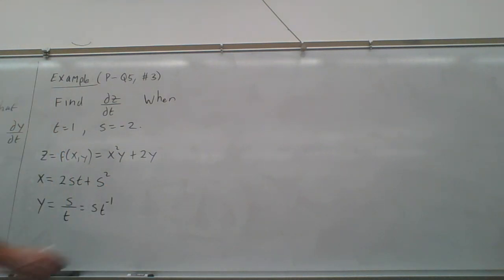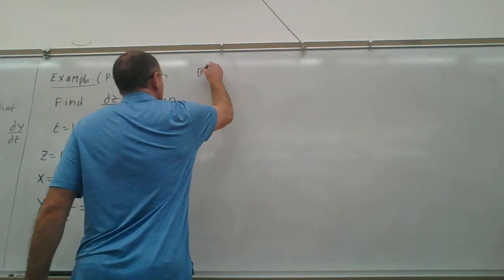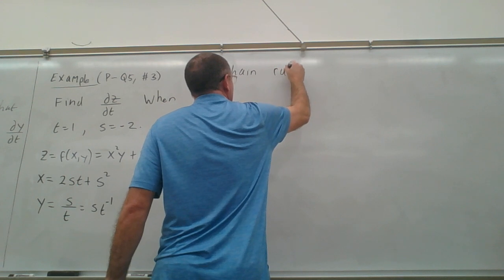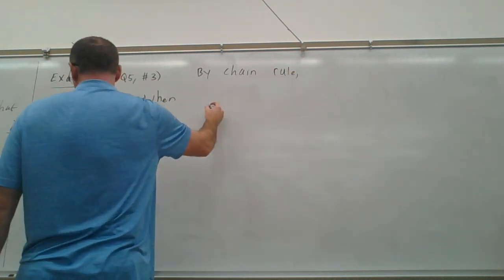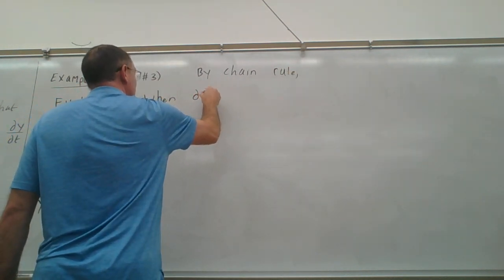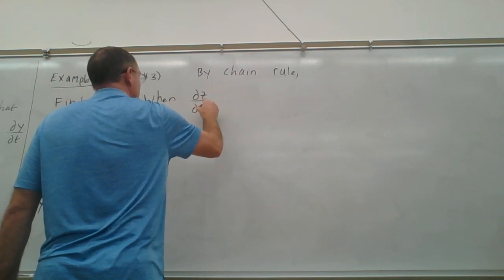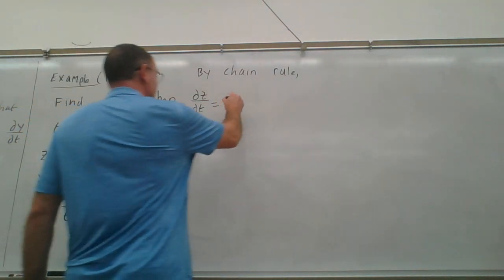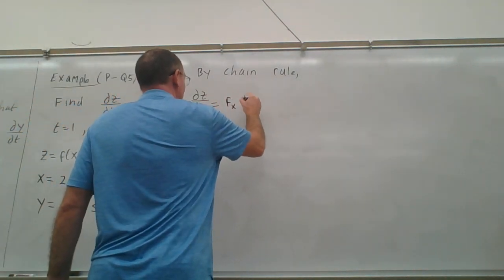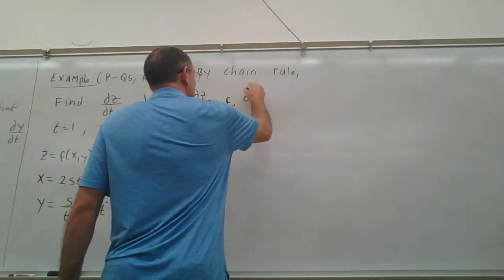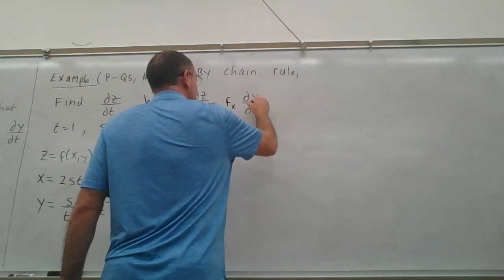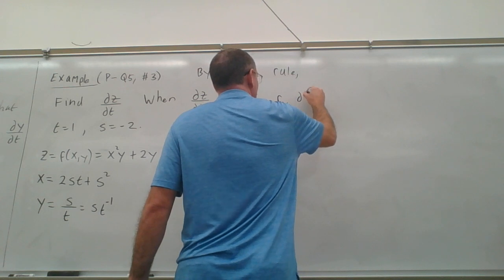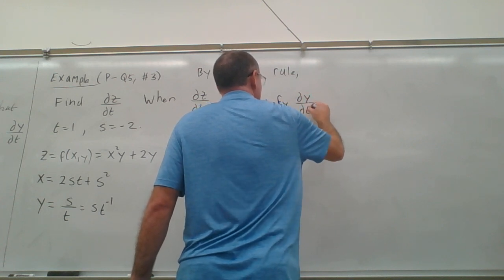So by the chain rule, we're looking for partial z with respect to t. So it's going to be f derivative with respect to x, partial x with respect to t, plus fy partial y with respect to t.